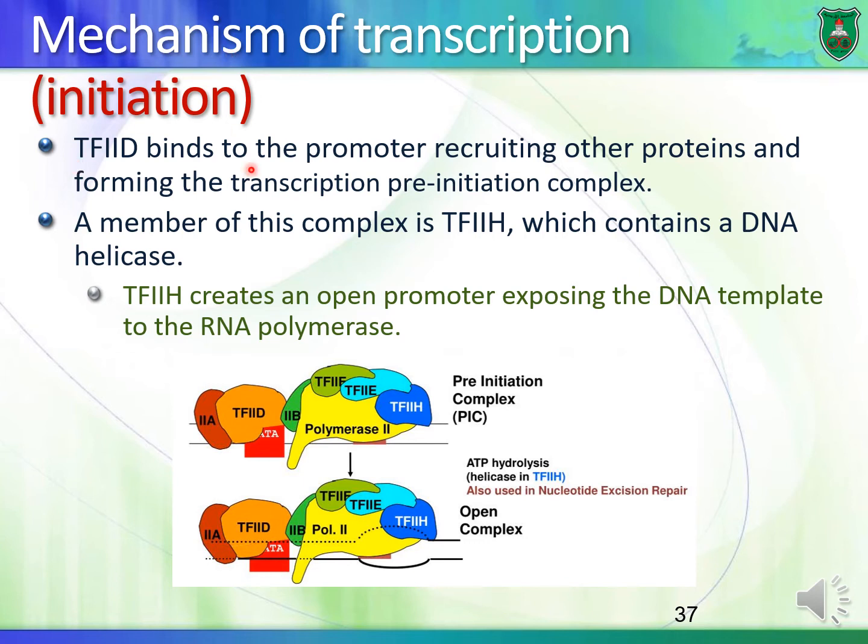So it binds to the TATA box, and it allows for all of the other proteins to bind to the promoter region one after the other. Now there's another protein that is important, and it is transcription factor IIH. This protein functions as a helicase. So what it does is that once it binds to the promoter region, it opens up DNA, allowing for the RNA polymerase to start transcription.